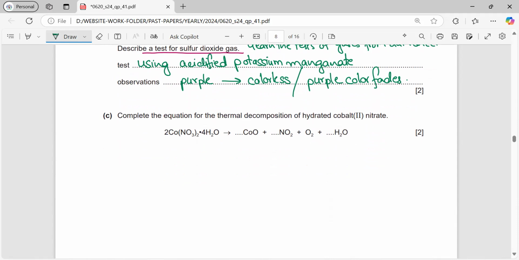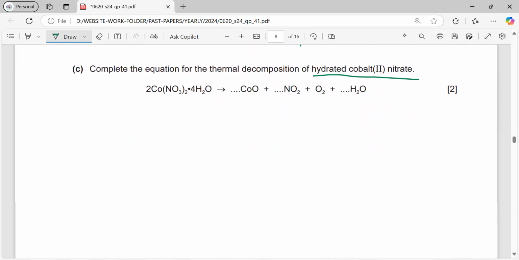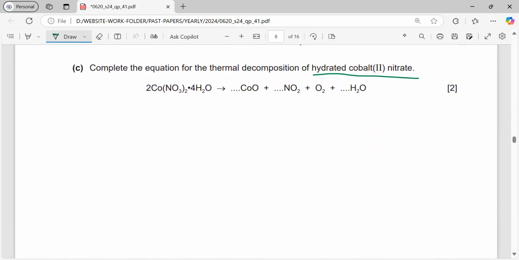Complete the equation for the thermal decomposition of hydrated cobalt nitrate. We have to balance this equation. For our simplicity, the reactant is already balanced. What we have to do is look at the amounts of substances on the reactant side and balance them on the product side.